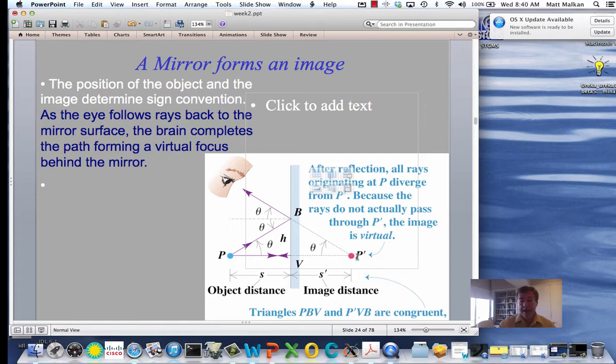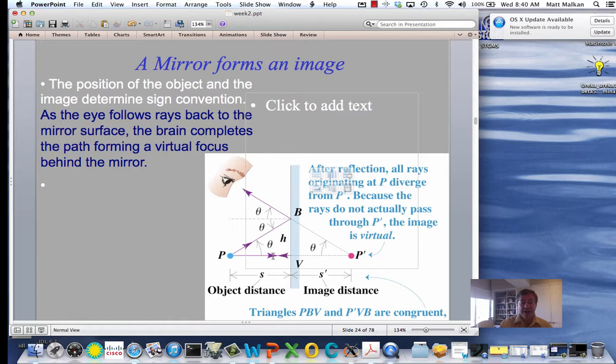It looks like light actually originated from a point over here. This pink point P is an image of the real light source P, and the light rays didn't actually travel on this dotted path here, but it looks like they did. One light ray went from the object P, hit the mirror straight on, and comes straight back out.